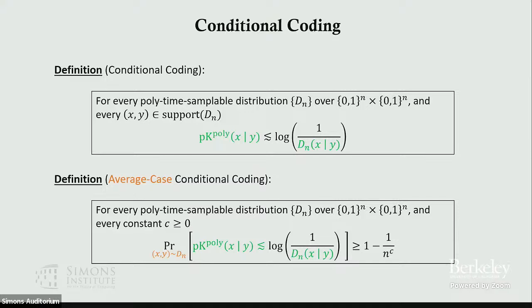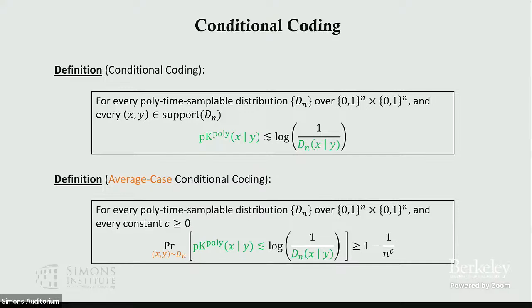That means if one-way functions exist, then conditional coding shouldn't hold. So even though we have coding for original coding, we probably don't have conditional coding.